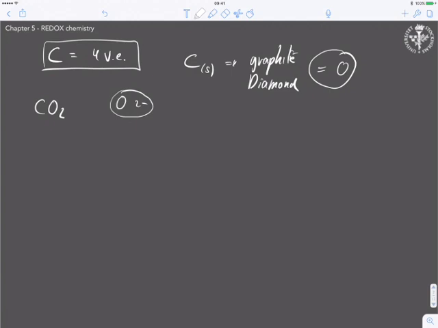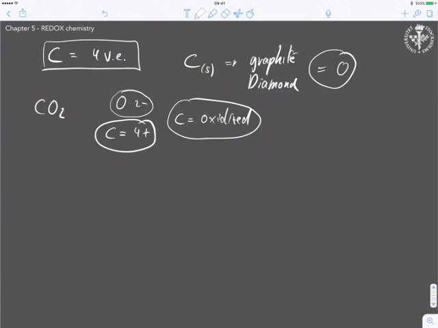Those electrons will leave the carbon. The carbon will be, in this case, oxidized, and the oxygen will be reduced. So the oxidation state of carbon in CO2 will be equal to 4 plus. Again, carbon is oxidized because it's giving away the electrons to the oxygen. So we're talking about an oxidized form of carbon.